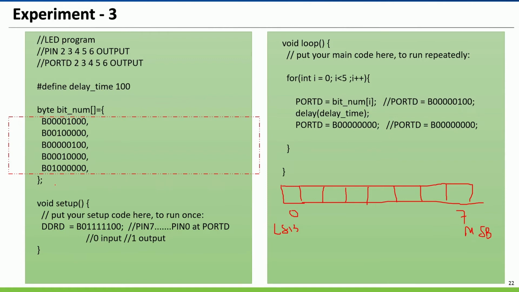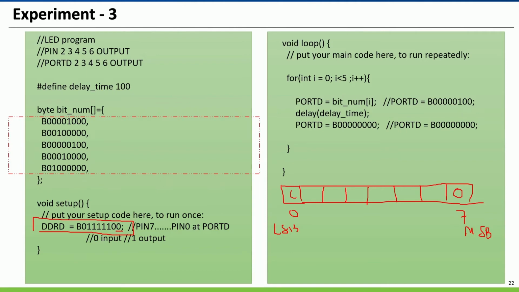In this case, you put the register DDRD by using this one. It means you put the 0. Sorry, this one starts from LSB.